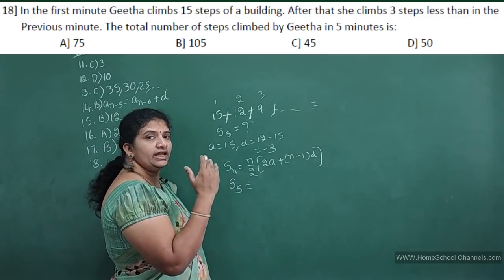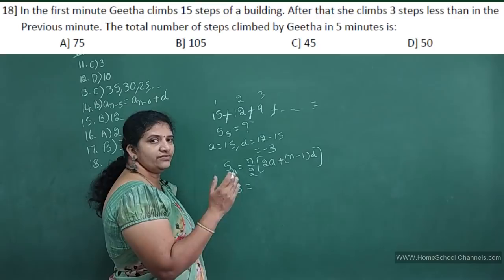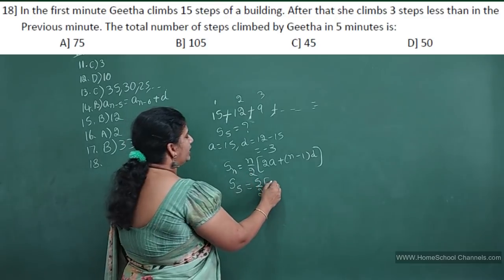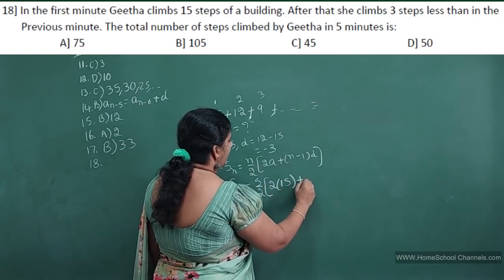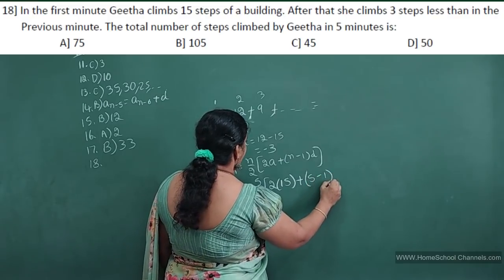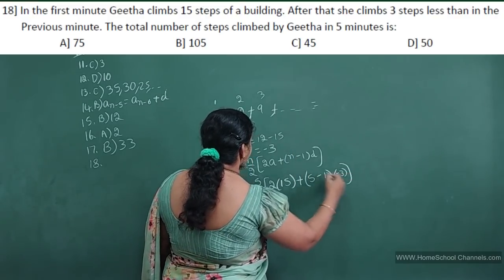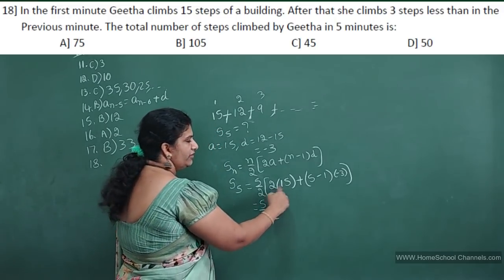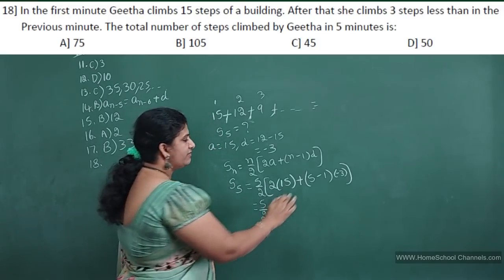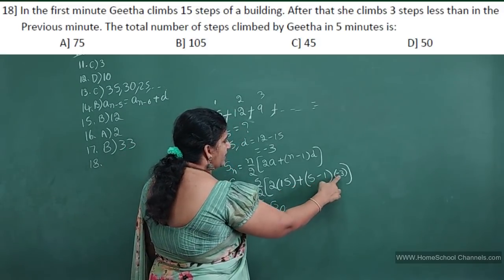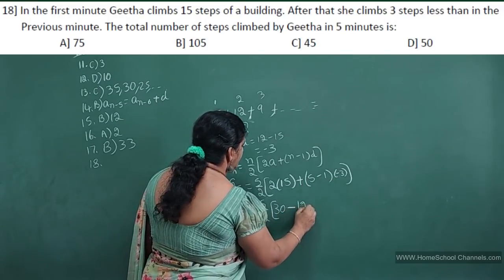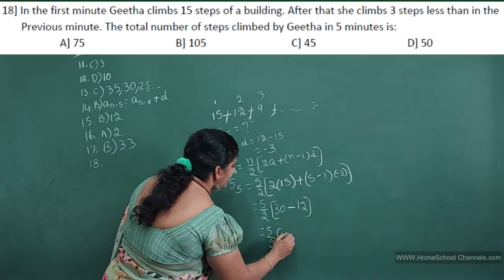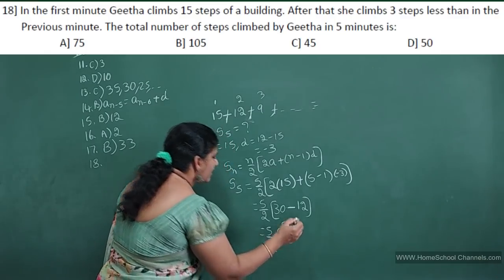They asked us the total number of steps she climbed after 5 minutes. That means S5 is equal to 5 by 2 into 2 times A value, 15, plus n value 5 minus 1 and your D value is minus 3. Solve the bracket. S5 is equal to 5 by 2 into 15 2s are 30. 5 minus 1 will be 4, and minus 4 3s are 12. 5 by 2 into 30 minus 12, it will be 18. 2 9s are 18.